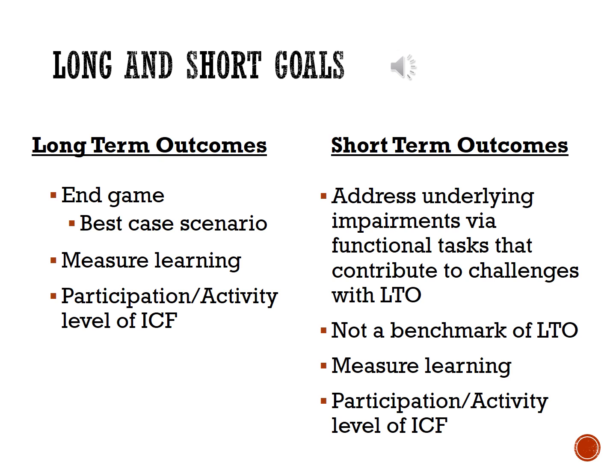So if you recall back on the definition of learning, thinking about being able to reproduce that behavior over time, potentially across different settings as well. That's really the definition of learning. And typically our long-term outcomes are going to focus either at the participation level, so that individual's role in society, or the activity level, that individual on a specific task of the ICF.